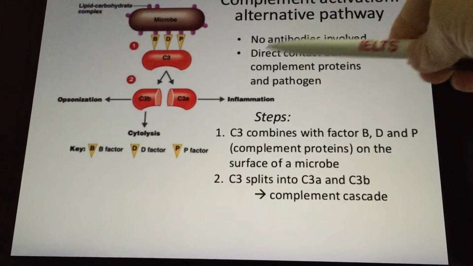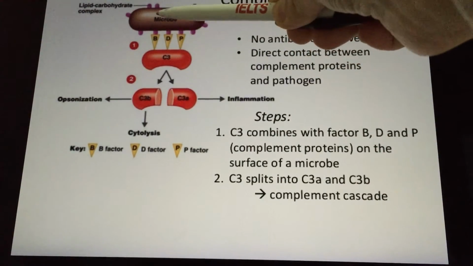Alternative pathway, no antibodies involved, only the microbes.